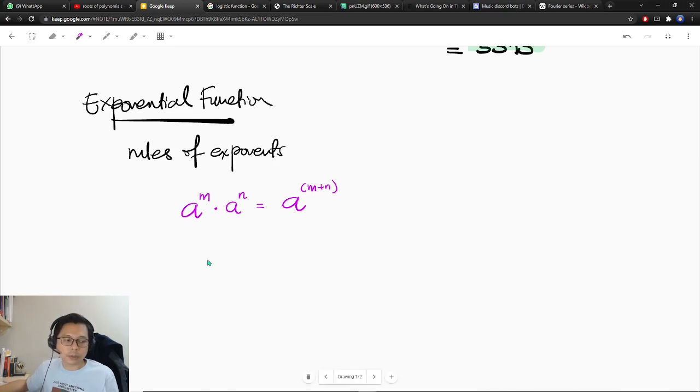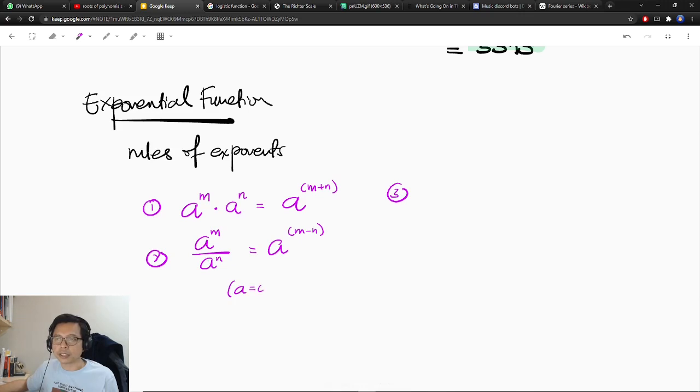I think you probably know this already from your high school math. This one is equivalent to a to the power of m minus n, provided that a is not 0, because if a is 0, then this will go crazy. And the third one is if you have a to the power of m and the whole thing to the power of n, this will be equal to a to the power of m times n. Take a picture of this or write it down in your notes.